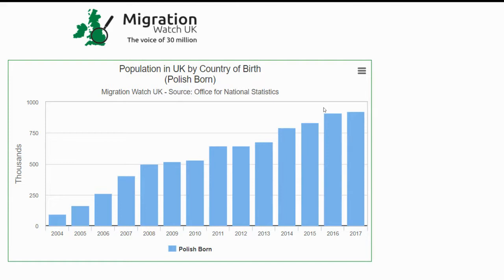If you sell products which are appealing to people who are Polish born, so perhaps Polish foods, drinks, products, books in Polish, films with Polish subtitles, all these different sorts of things which might attract them, phone contracts which will get cheap calls back to Poland, that sort of thing.